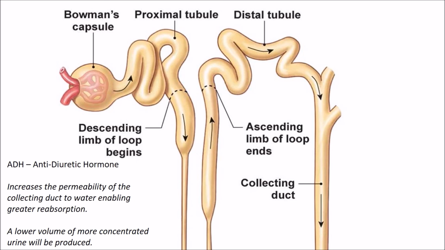So just to recap, antidiuretic hormone increases the permeability and allows reabsorption of water, whereas if you stop ADH production, it seals the collecting duct up, it stops water being reabsorbed by the body, and you would have a high volume of dilute urine.